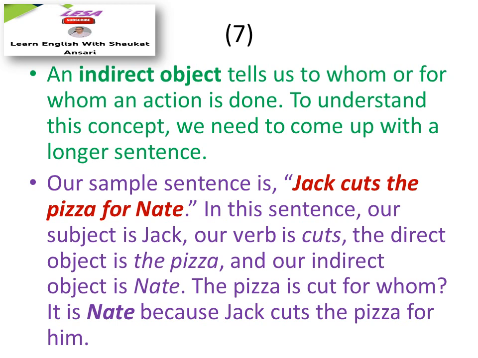The direct object is the pizza and our indirect object is Nate. The pizza is cut for whom? It is for Nate, because Jack cuts the pizza for him.